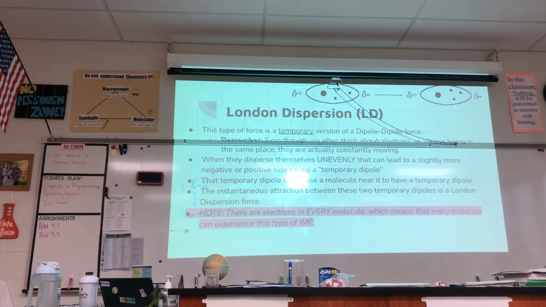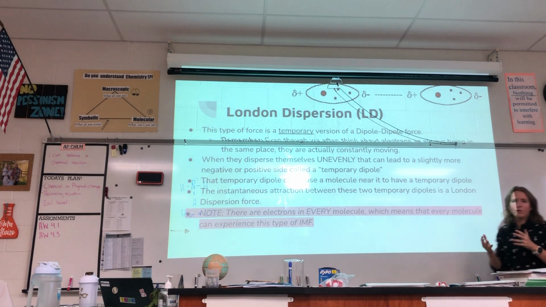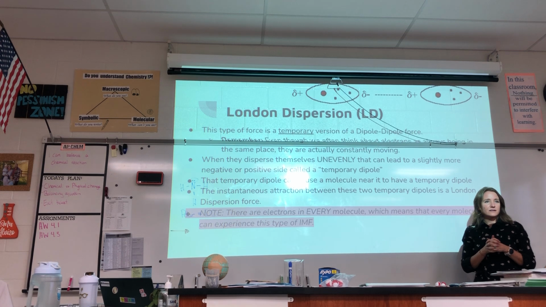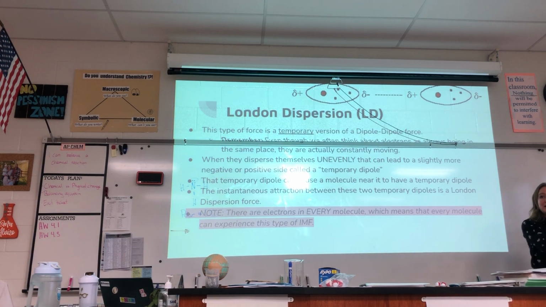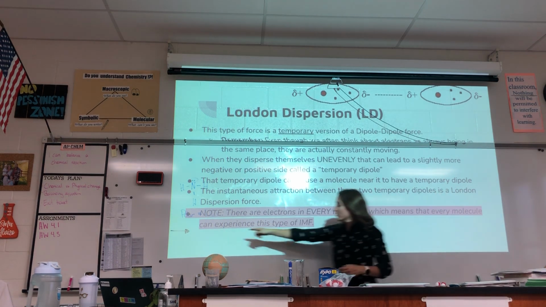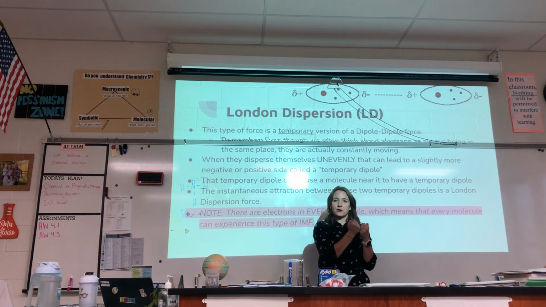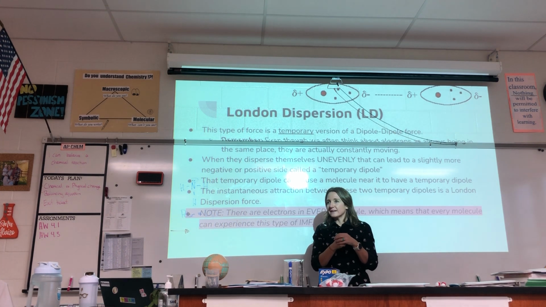Why, though, would we call this just a temporary dipole? Because they're still moving, right? There's nothing holding them to that side. In a polar molecule, it's literally tugging them across, and they stay there. So would you predict that this force is strong or weak? Weak. Really weak, right?